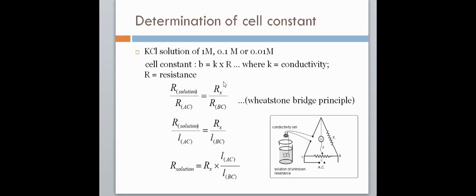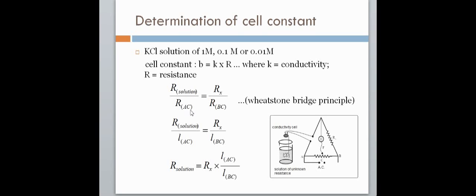This equation is basically derived from the Wheatstone bridge principle. Our solution is something that we need to find out. Rx is the resistance of the known conductor. RAC is the resistance obtained when the sliding contact, this F, the jockey, moves from A to C.